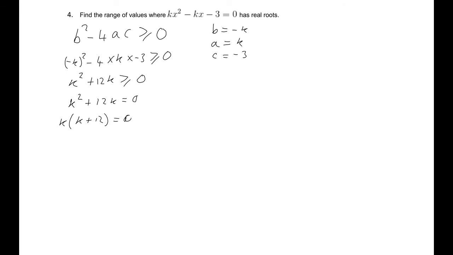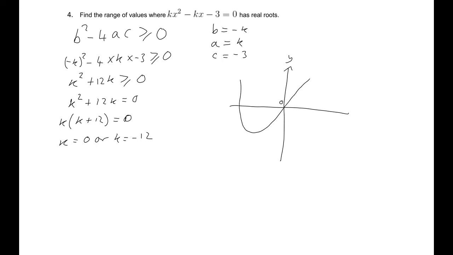So we get k equals 0, or k equals minus 12 as our critical values. When we draw it, that's our 0 point, and that's minus 12.